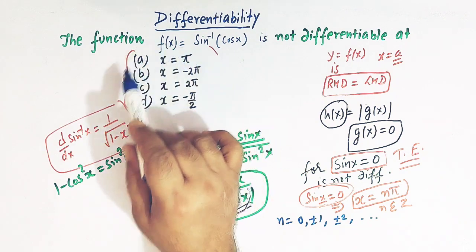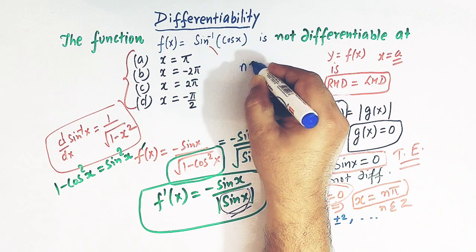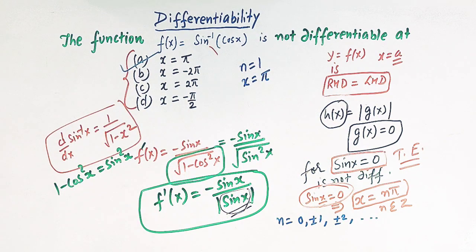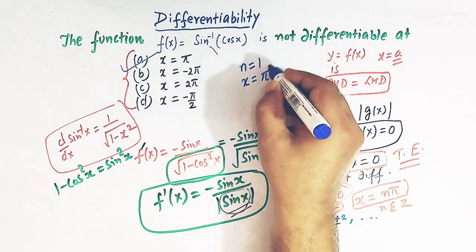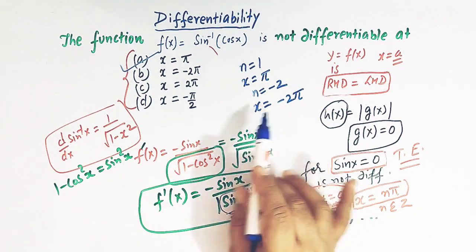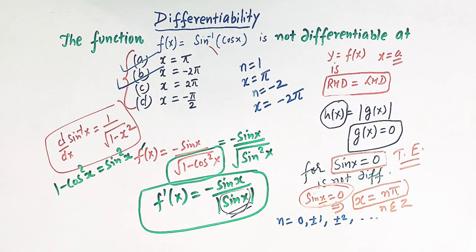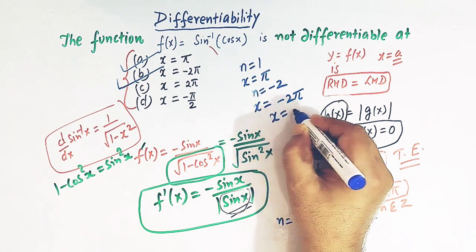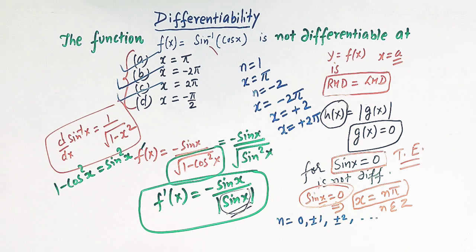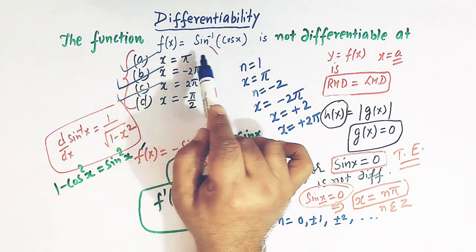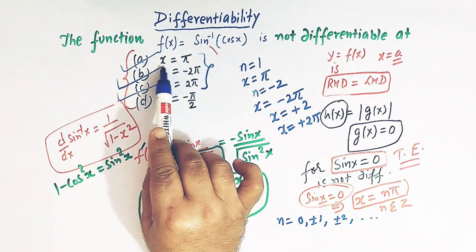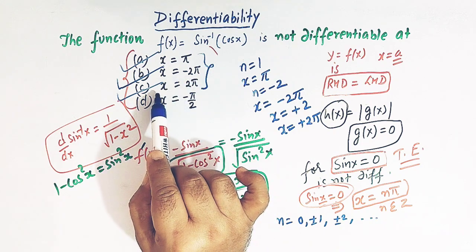Now if we look at our options, when n is equal to 1, we have x equal to pi, which is option A. When n is minus 2, we have x equal to minus 2 pi, which is option B. And when n is plus 2, we have x equal to plus 2 pi, which is option C. So the function f of x equal to sine inverse cos x is not differentiable at these three points, x equal to pi, x equal to minus 2 pi, and x equal to 2 pi.